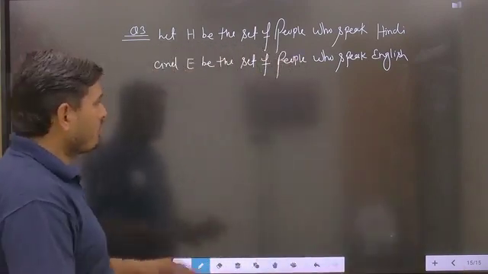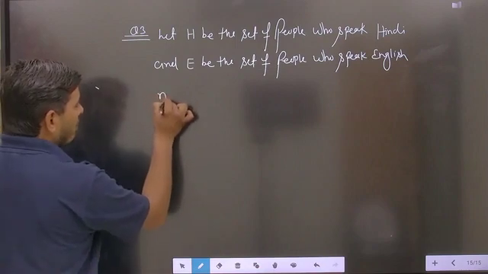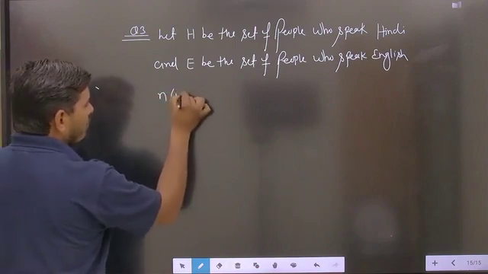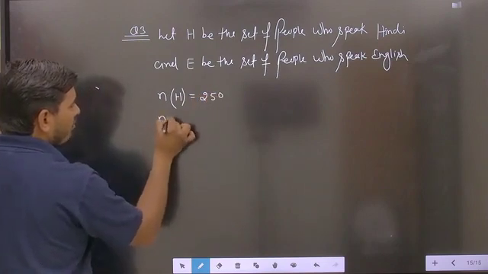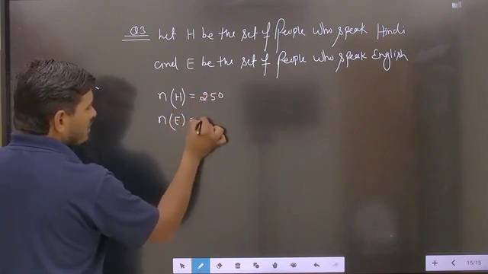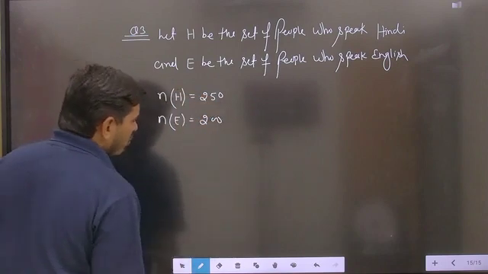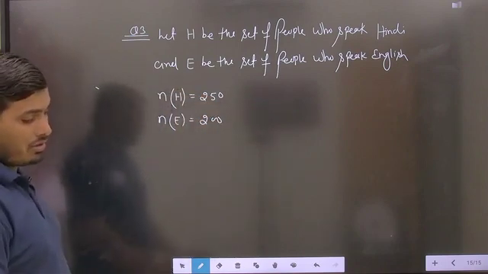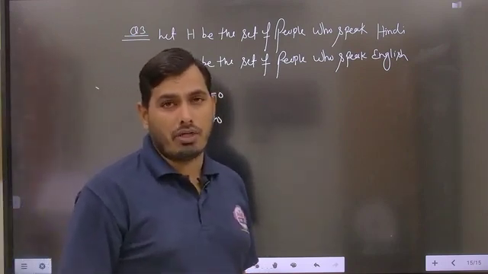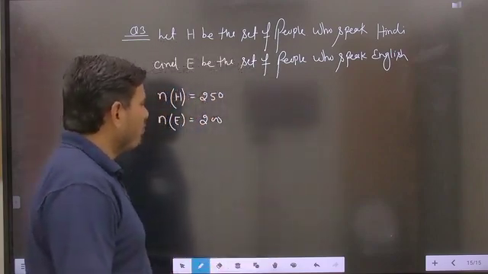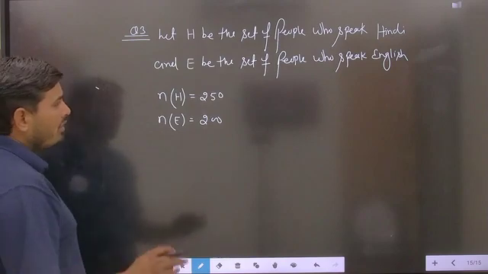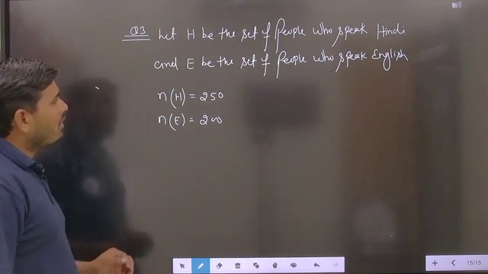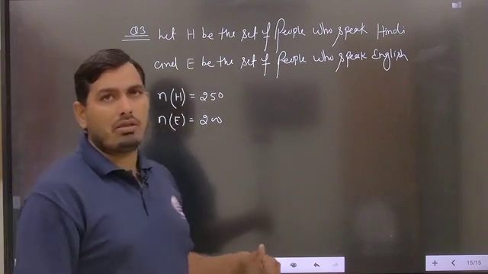Now the question. Students, the total number of people who speak Hindi is given as 250 according to the question. The number of people who speak English is given as 200, and the total number of persons, meaning H union E, will be the total number of persons. So basically in this kind of question, we have to calculate the persons who speak both Hindi and English.